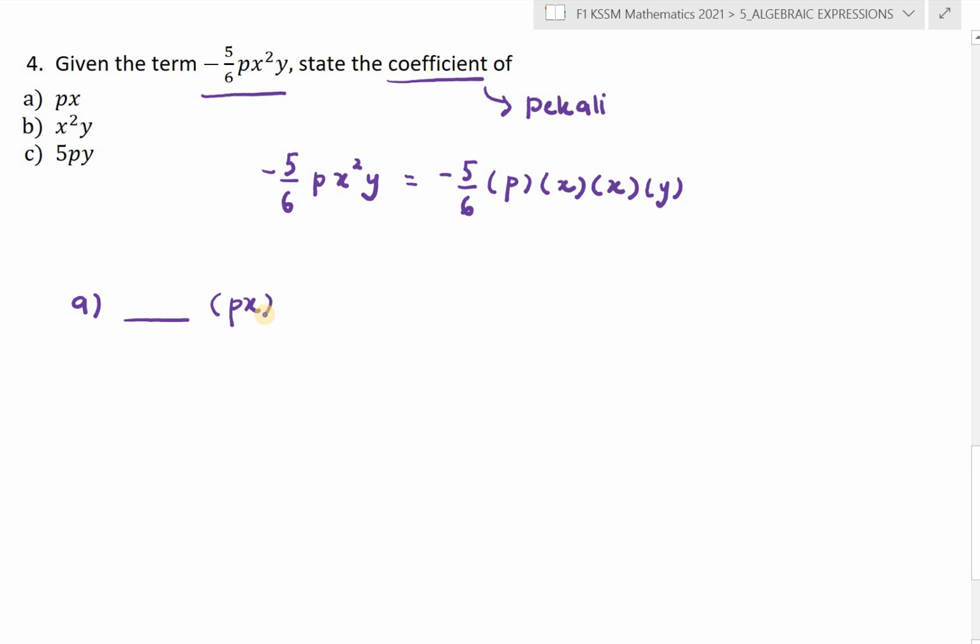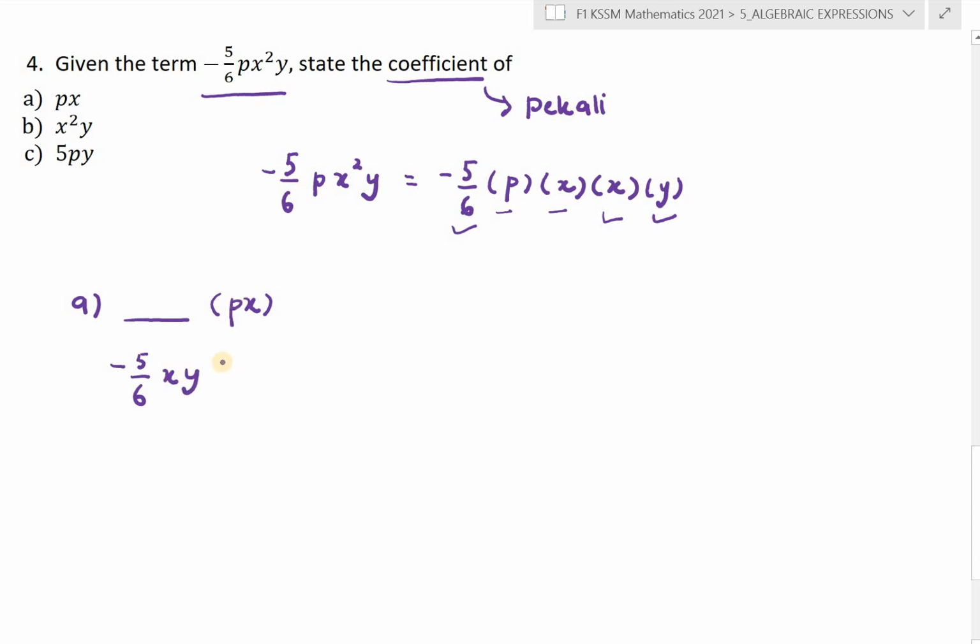So, kita tengok selain daripada PX, kita tengok dekat soalan bahagian ini, kita ada P dengan X. Okay, let's say we have PX. So, siapa lagi yang tak ada selain daripada PX ini? So, dia adalah negative 5/6, X and Y. So, we are going to put our answer as, okay, negative 5/6, X, Y.